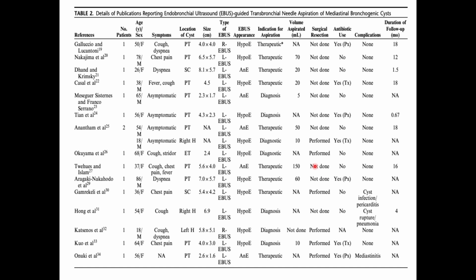Only in 27% of the individuals the diagnosis was made, and in the rest 73% the diagnosis was not made. Number 2, among those 27%, the therapeutic intent was achieved only in 10% of the population. So, there is no requirement of blindly puncturing all the mediastinal cysts just for the sake of doing it.